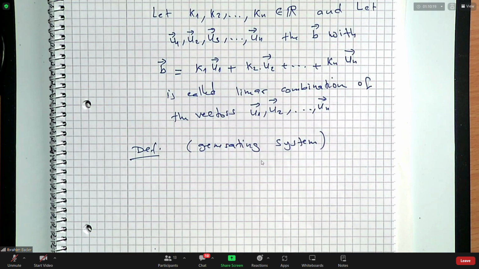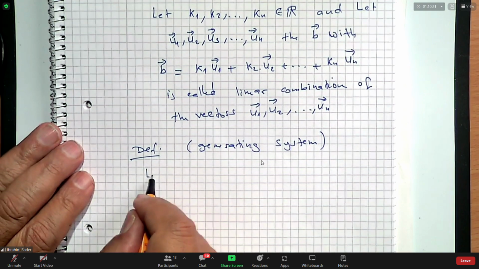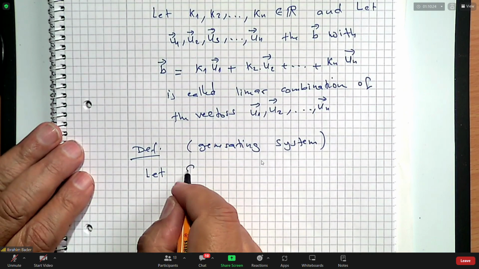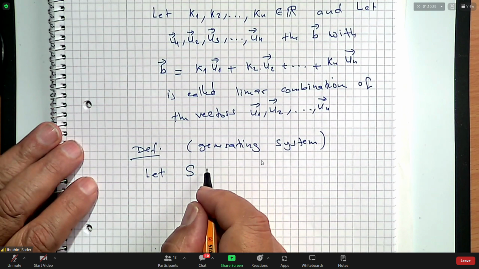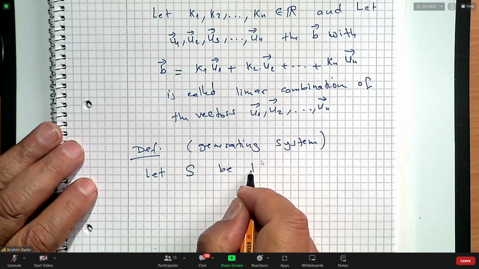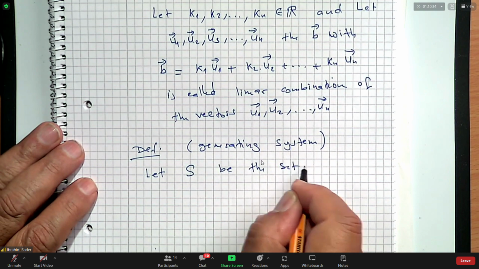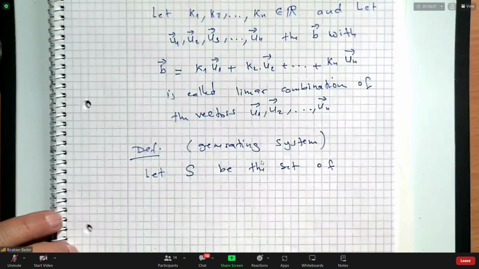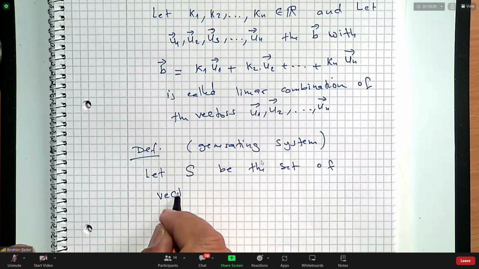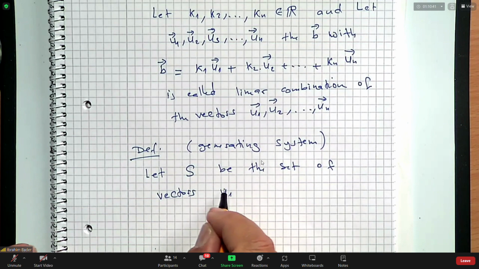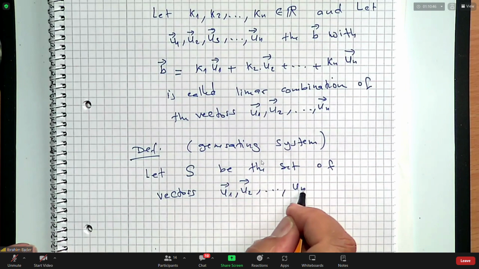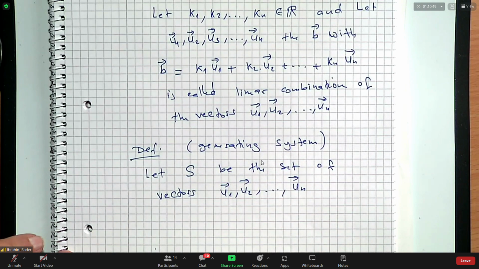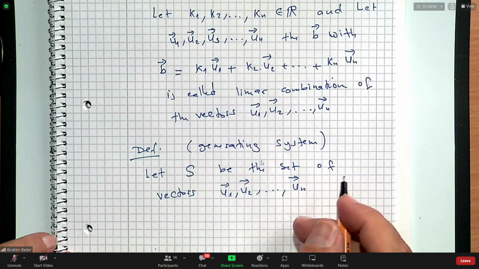So let capital S be the set of vectors u1, u2, up to un. Of course, these are non-zero vectors.